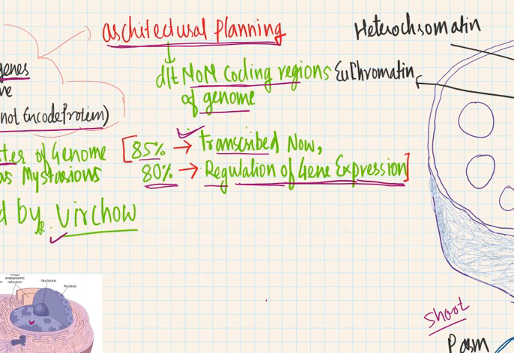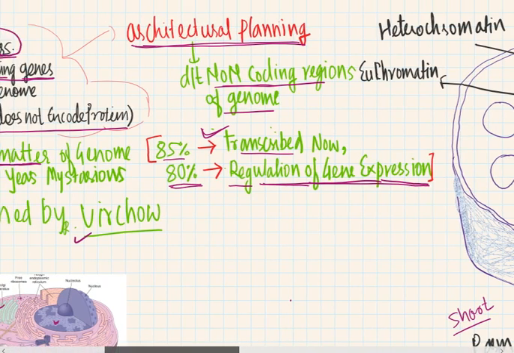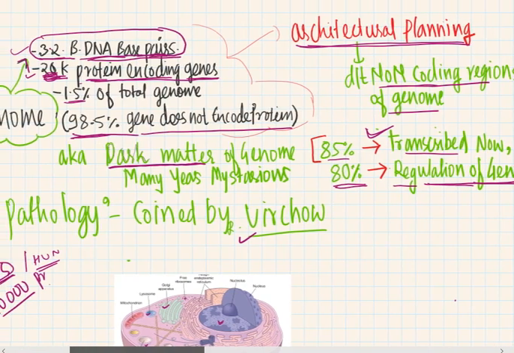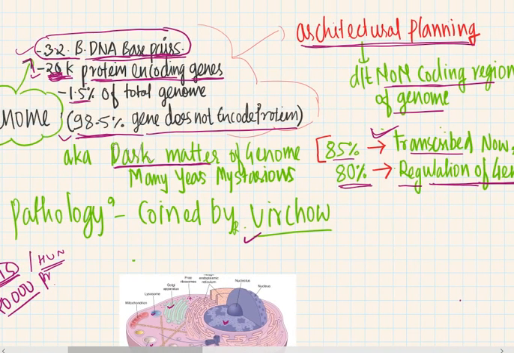Earlier, this 98.5% of the genome, we did not know anything about it, before the 21st century. So at that time we called it the dark matter of our genome. If an MCQ comes, what is the dark matter of a genome? Answer this: the 98.5% of the genome which does not code for protein is the dark matter of the genome.